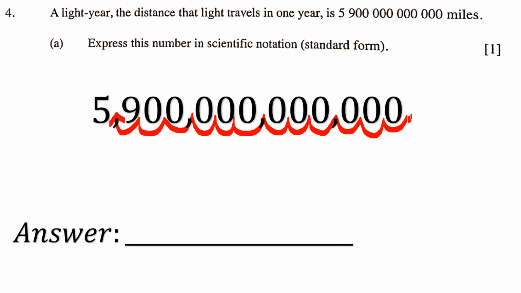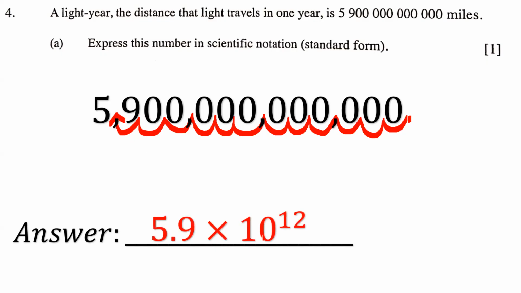Let's move it over. So it's going to be 1, 2, 3, 4, 5, 6, 7, 8, 9, 10, 11, 12. So we move the decimal point 12 times. And if we move it here, it's going to be 5.9. Then we say, how many times did we move over? Well, we moved 12 times.